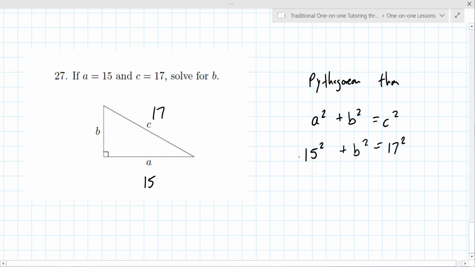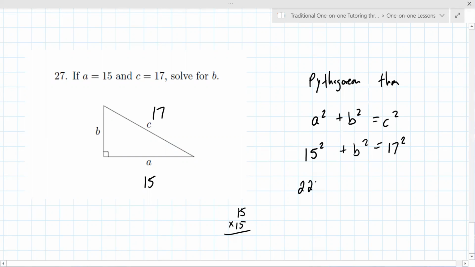So what is 15 squared? If you're not sure, you can either use a calculator, or you can go off to the side here and do 15 times 15, but it's very important that you be able to figure that out. Okay, 15 times 15, that is 225.